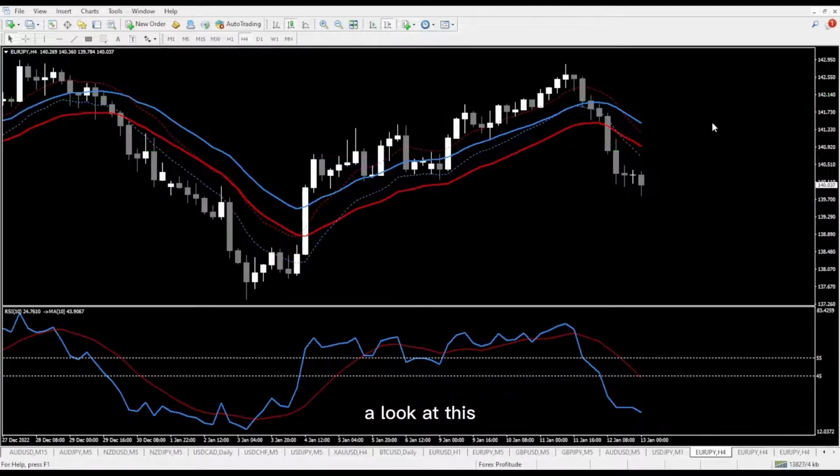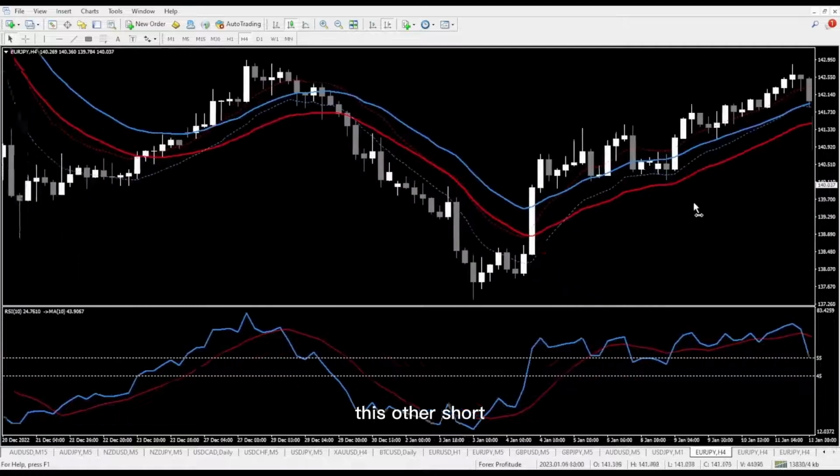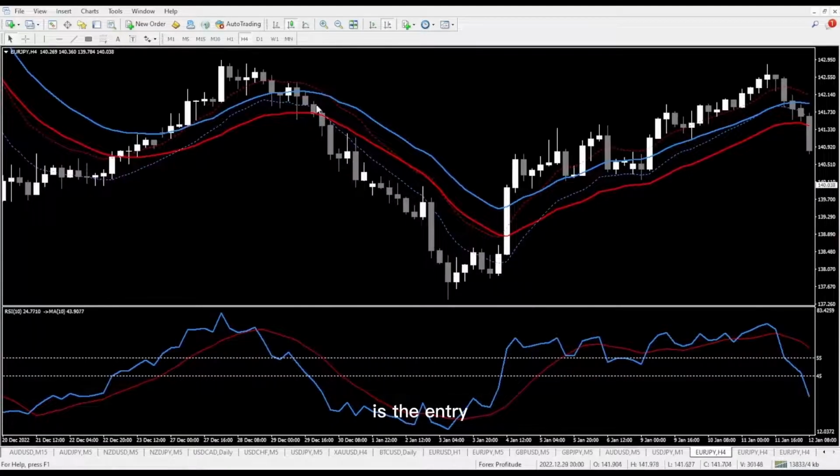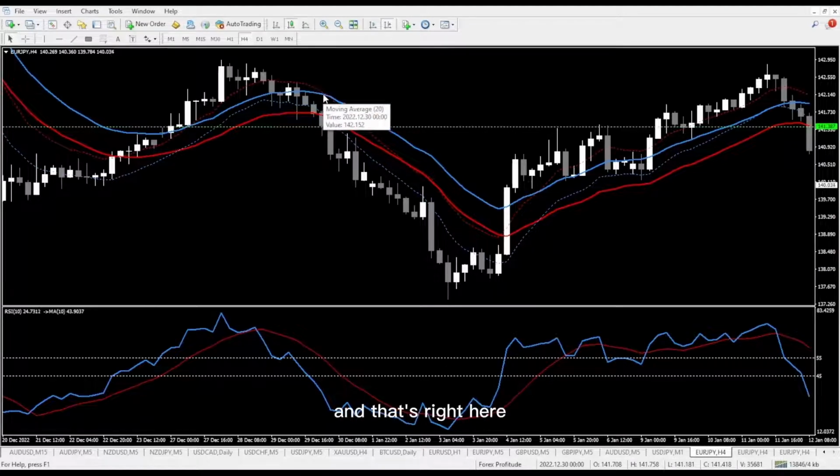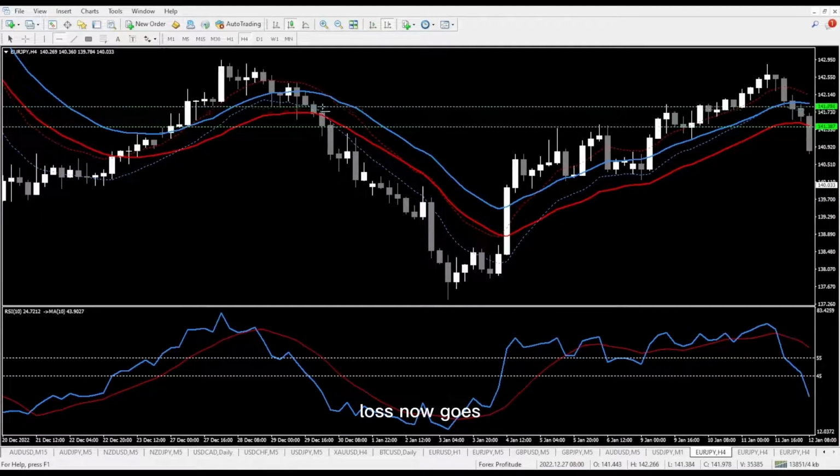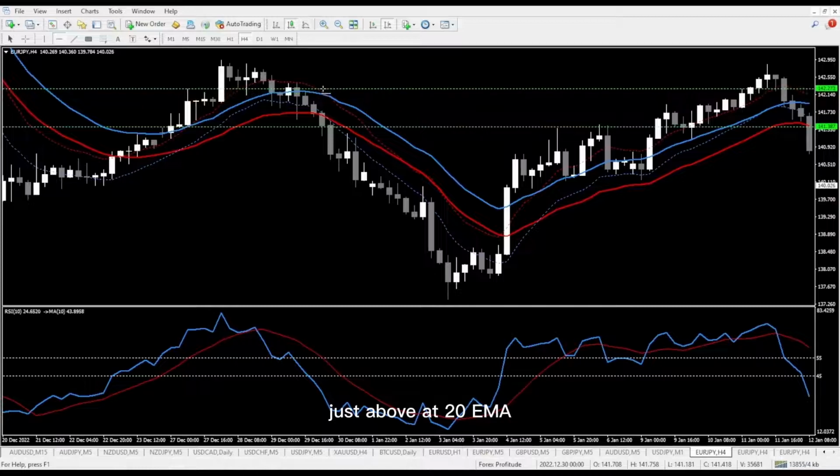Now, if we take a look at this other short that we had right here, this is the entry. So we've got that entry candle right here. This is going to be the entry level. So when this candle closes, to give us that signal, I'm going to take a look and see where that 20 EMA is. And that's right here. So the stop loss now goes just above that 20 EMA. And that stop loss is right here.